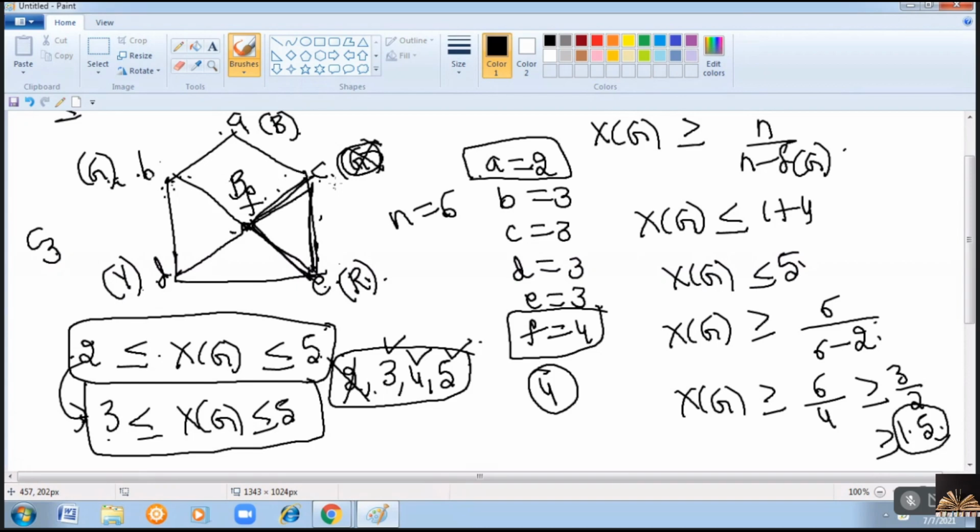Instead of this green, let me consider a new color yellow for C. In the previous case, I considered the same color for B and C. Instead of that, if you color B and C with two different colors, then obviously F should be colored with a color other than green and yellow.